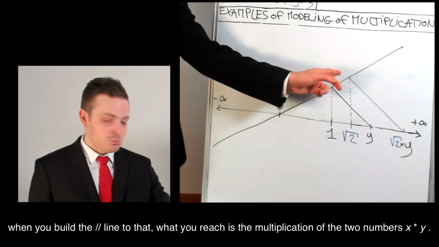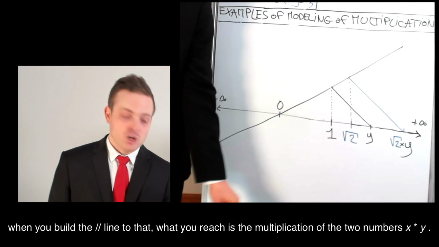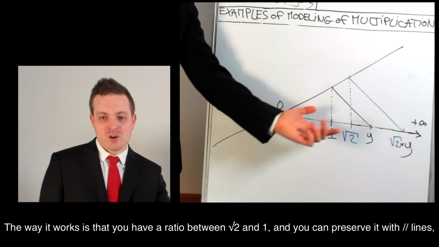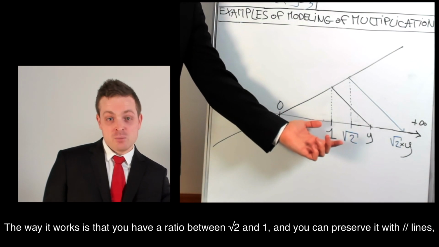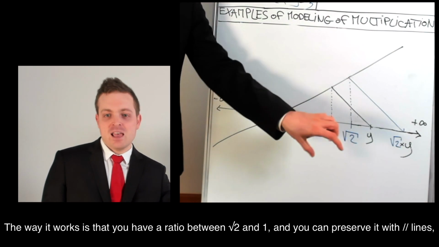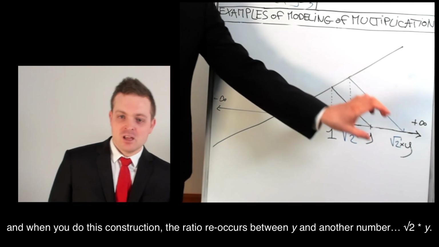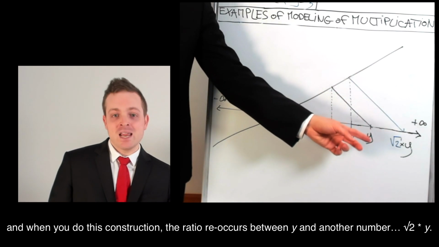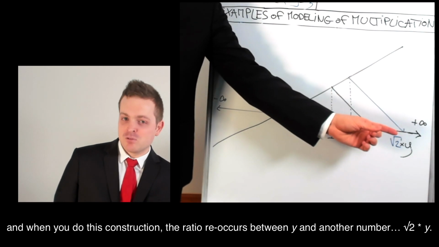Then when you build a parallel line to that, what you reach is the multiplication of the two. The way it works is that you have the ratio between square root of 2 and 1, and you can preserve it with parallel lines, and when you do this construction, the ratio reoccurs, but between y and another number, which is square root of 2 times y.